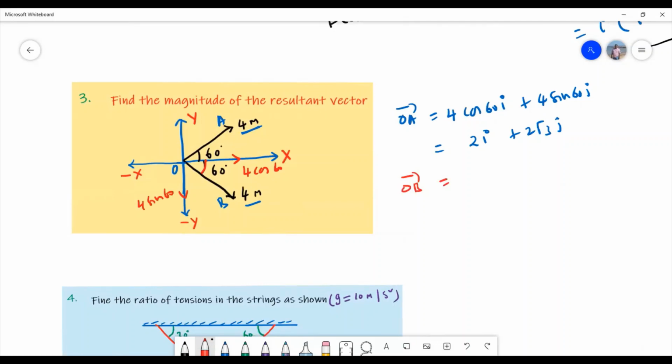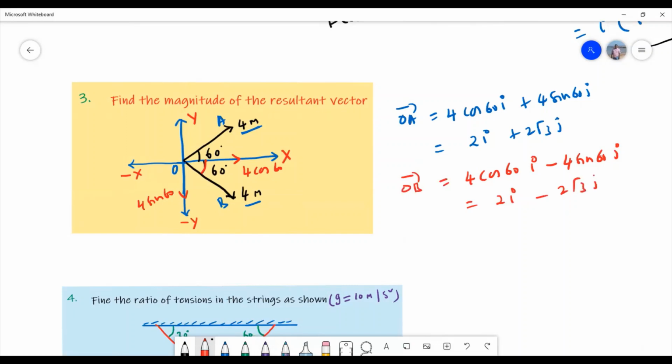So 4 cos 60 I cap minus, looking downward, 4 sin 60 J cap. So again 2 I cap minus 2 root 3 J cap.